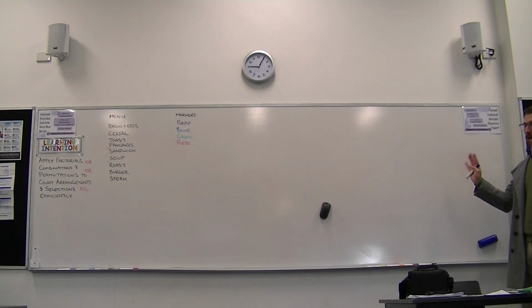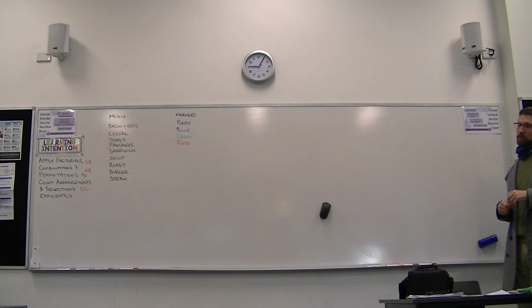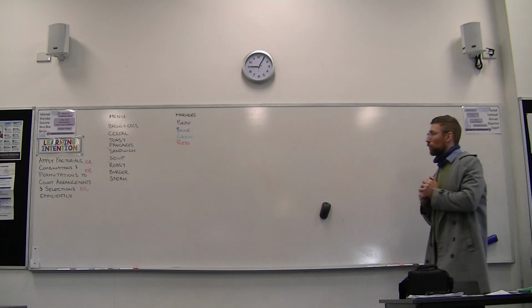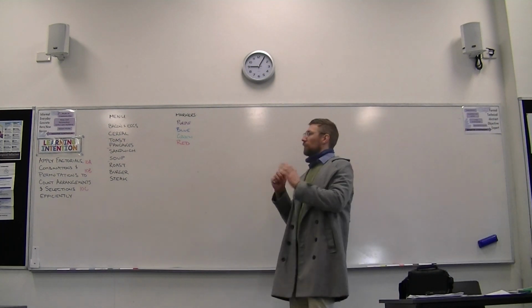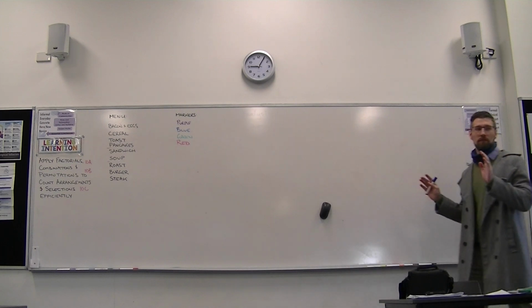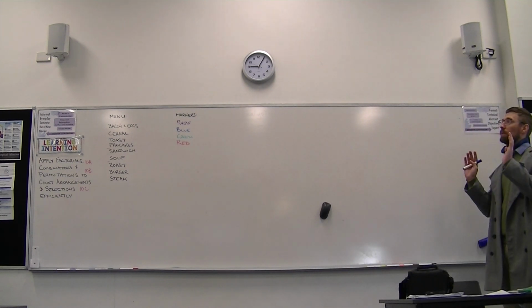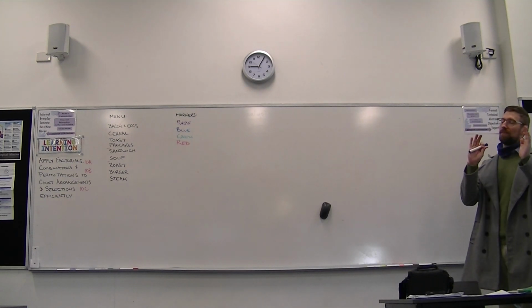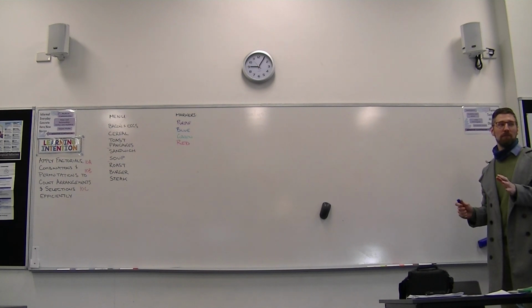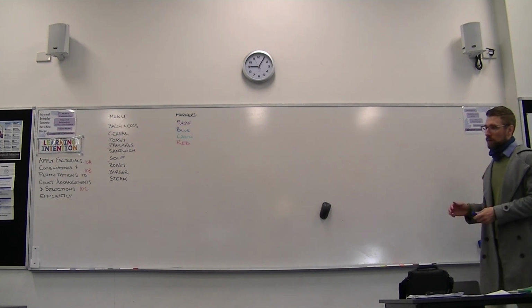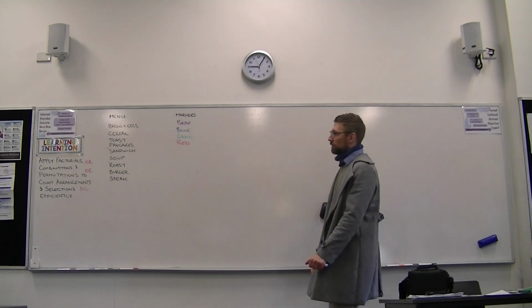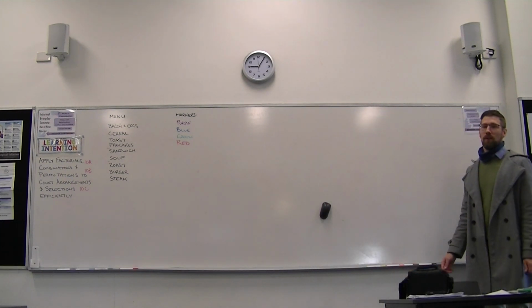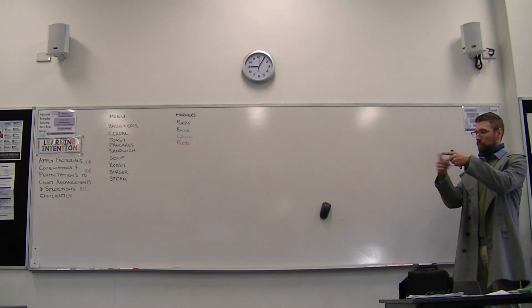You can only have one item per meal. How many different combinations of meals could you have for any given day? How many meals are in a day? So I'm saying breakfast, lunch, dinner.